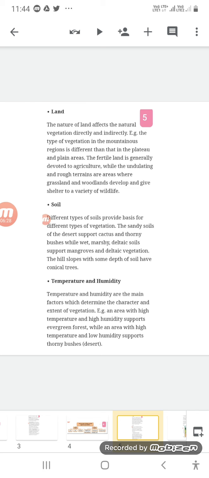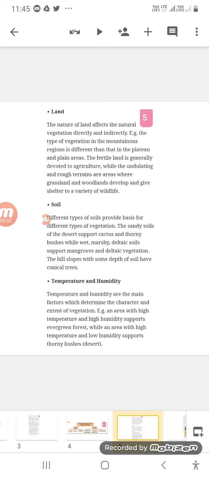The fertile land has good agriculture and plantation, while areas having undulated or rough terrain, which are hilly, have grasslands and woodlands. The grasslands and woodlands, on the other hand, can be the shelter of a variety of wildlife.